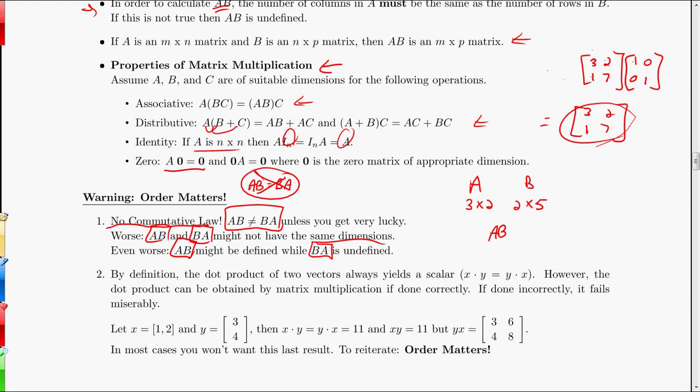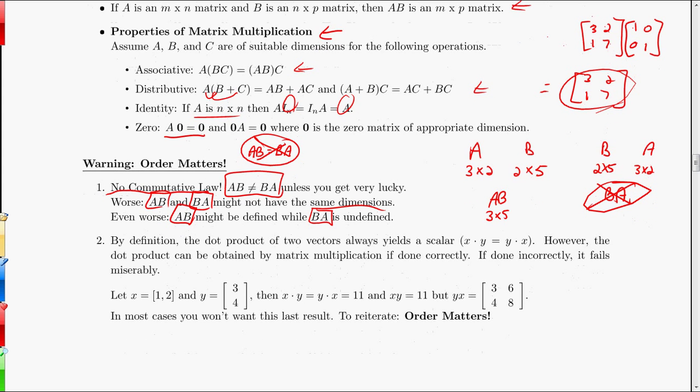AB will be a 3 by 5. But if you try to do BA, B is 2 by 5, A is 3 by 2, BA doesn't even exist, right? So not only are they not equal, sometimes one exists and one doesn't. So keep that in mind. Order matters when it comes to matrix multiplication.